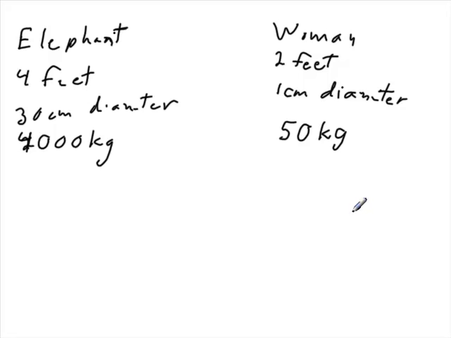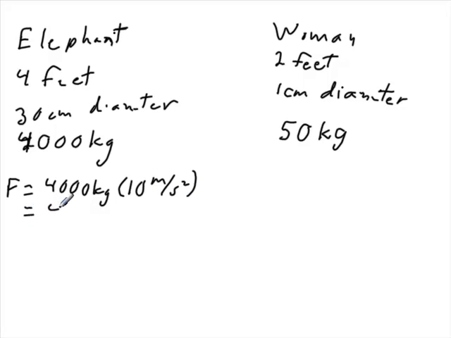All right, so what is the pressure underneath each of their feet? Well, in the case of the elephant, the total force is 4,000 kilograms times the acceleration of gravity, which is about 10 meters per second squared. So that'll be 40,000 newtons. And each foot will take 1/4 of that, so the force per foot will simply be 10,000 newtons.